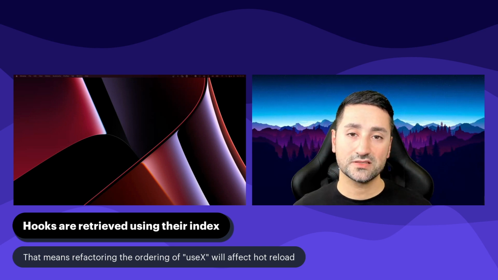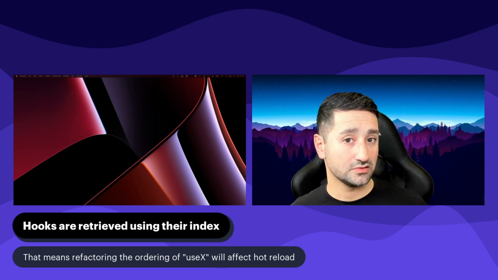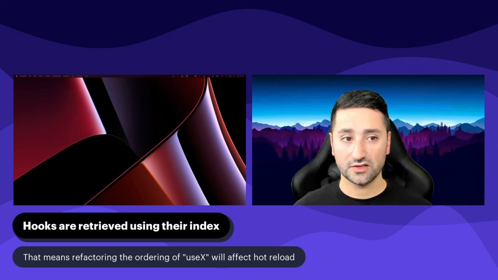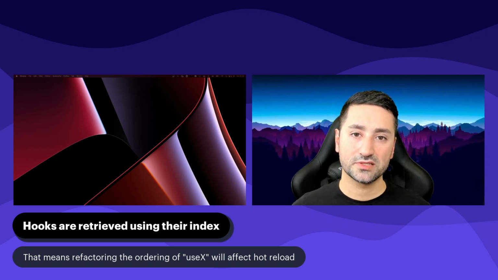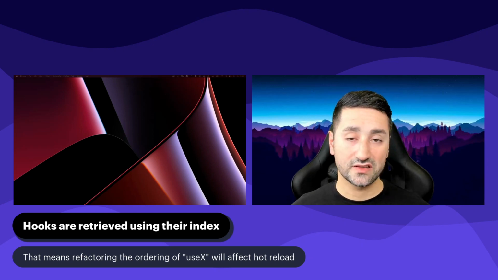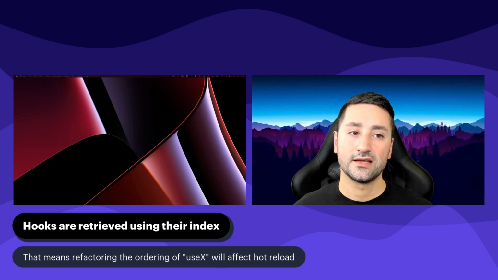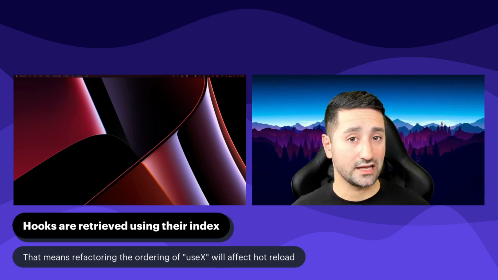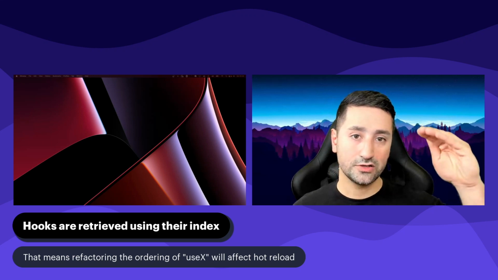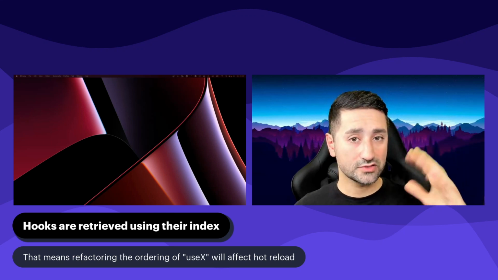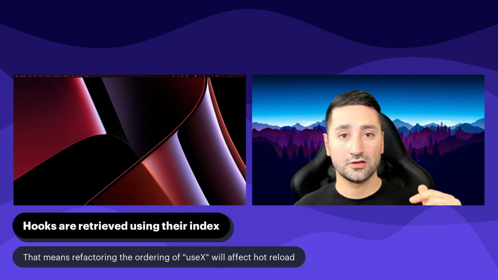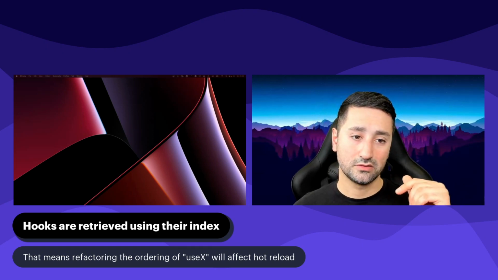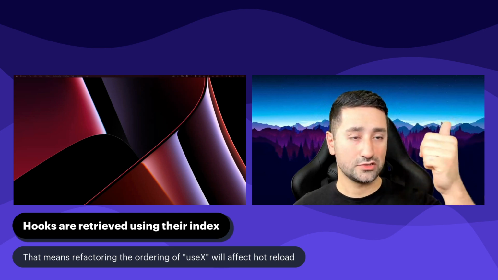If anything happens to that index, for instance, between rebuilds, because we have hot reload and hot restart in Flutter, mainly for hot reload, this is a concern. If there's a change in the index of these Flutter hooks, for instance you remove a hook, all the hooks that come after that index are affected. So let's say you had 5 hooks, and you remove the 3rd hook, meaning that now you have 1, 2, 3.